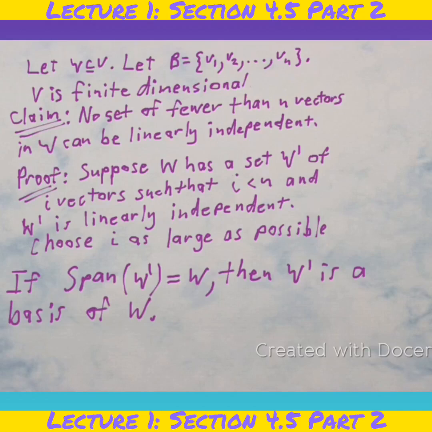Remember, we said W prime is linearly independent, and if it spans W, then we are done. So we may assume that the span of W prime is not W.